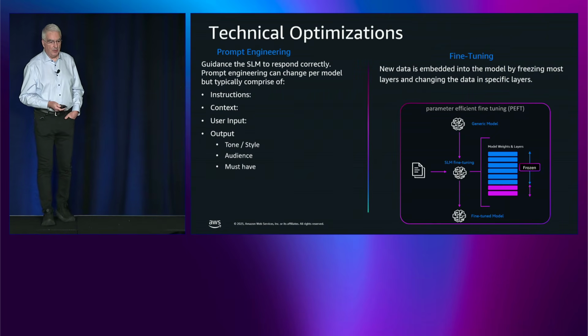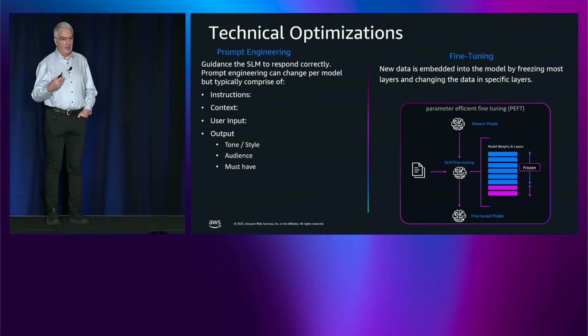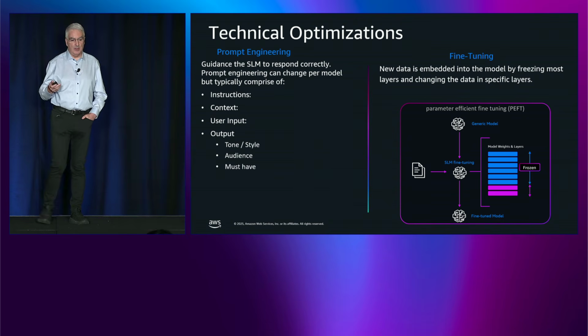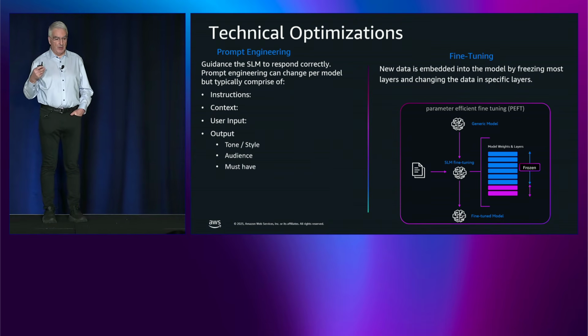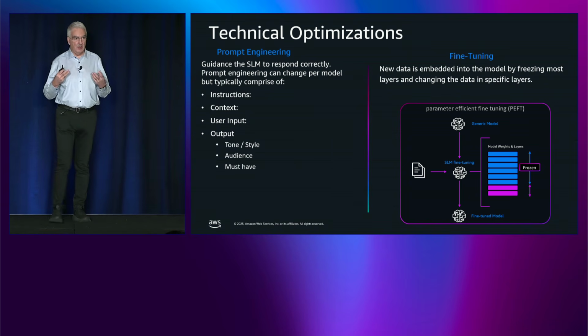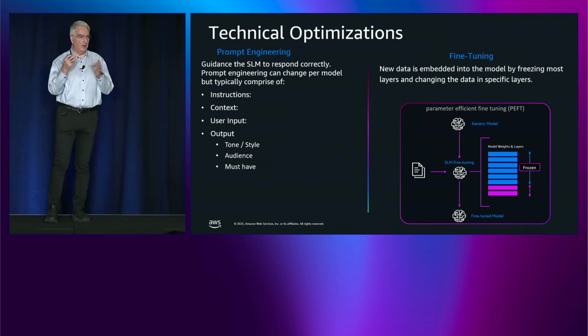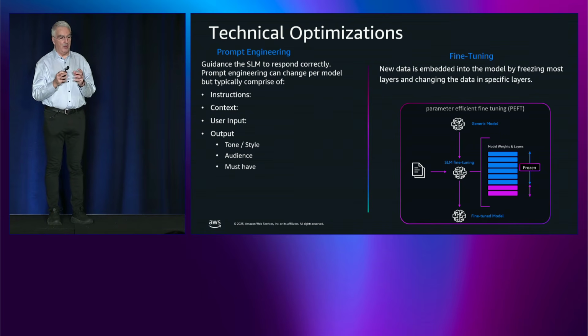Starting off with prompt engineering, Fernando just showed you a snippet. It's really important, and it's also described as a dark art, where you need to tell the model what you want it to do. That's the art of prompt engineering. You give it instructions, like respond with 10 words or respond with 1 word. You can control the model in great detail.